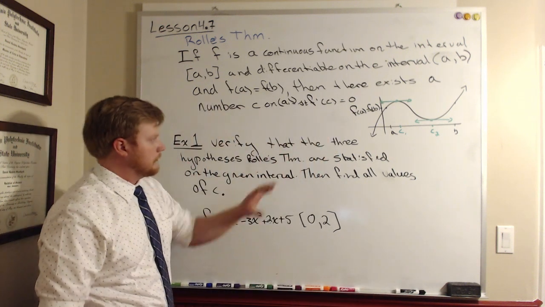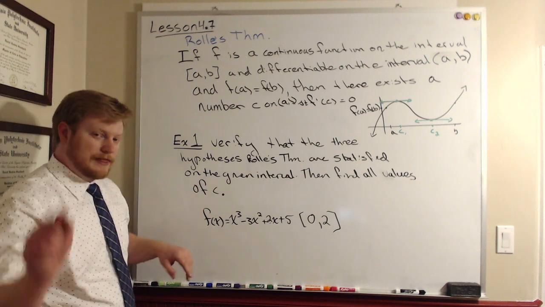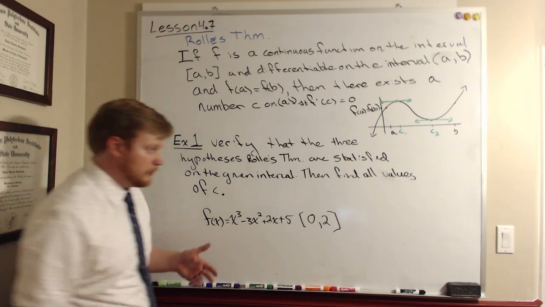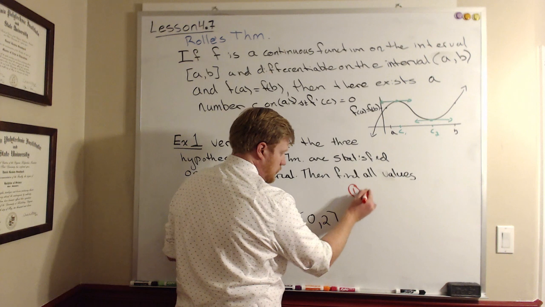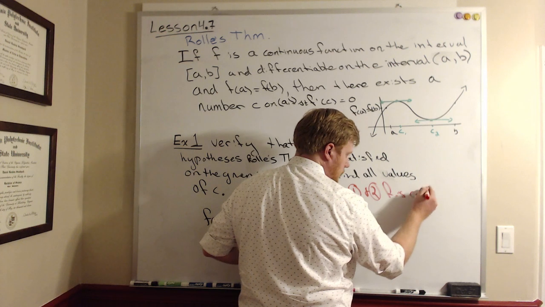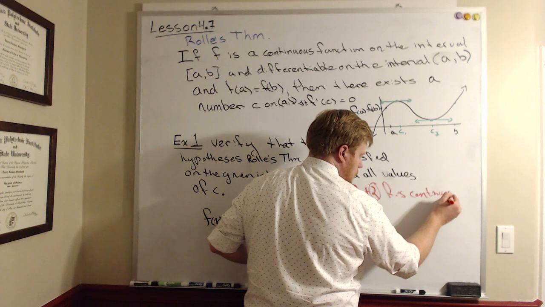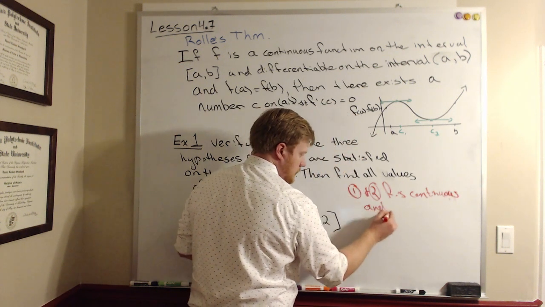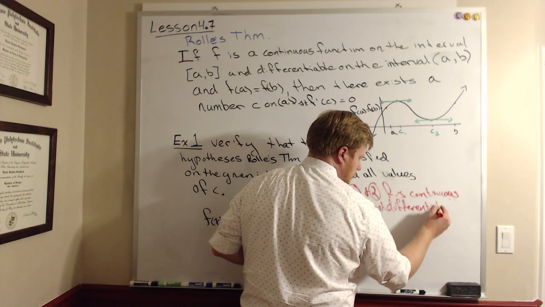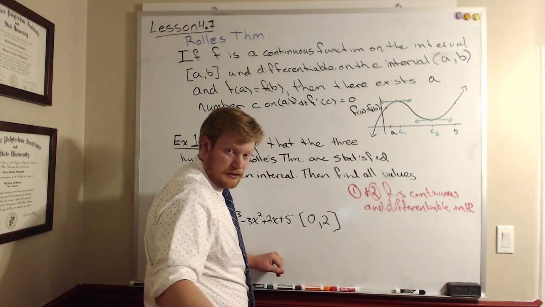This first example says to verify first that the three hypotheses of Rolle's theorem are satisfied on the given interval, then find all values of c. Well, as you can see here, this function's a polynomial, and so 1 and 2 can be done together here. f is continuous and differentiable on all real numbers because it's a polynomial.